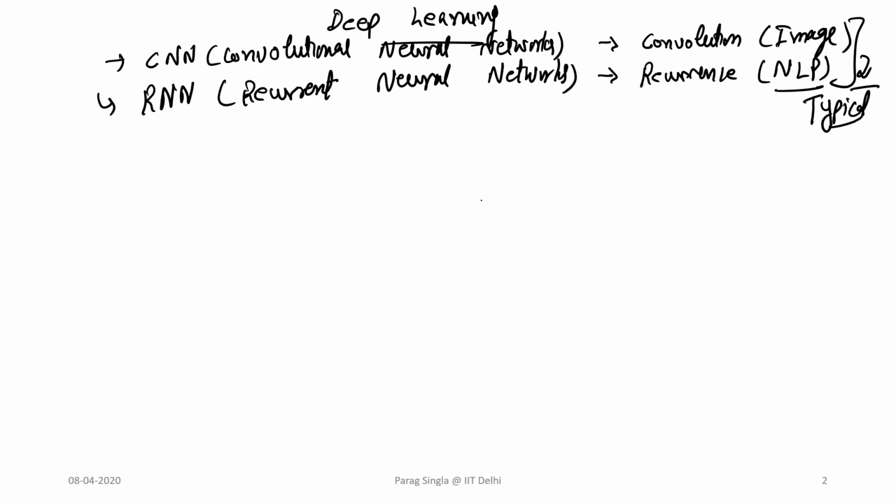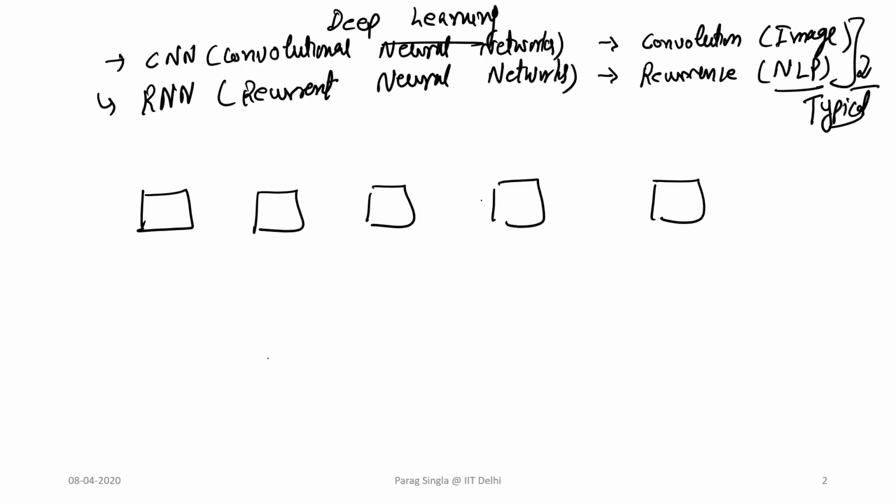Okay, so let me redraw the diagram that we looked at a few classes back, about recurrent neural networks. I'm just looking at my notes here. So remember, the key idea in recurrent neural networks was to follow through this hidden state computation in time.